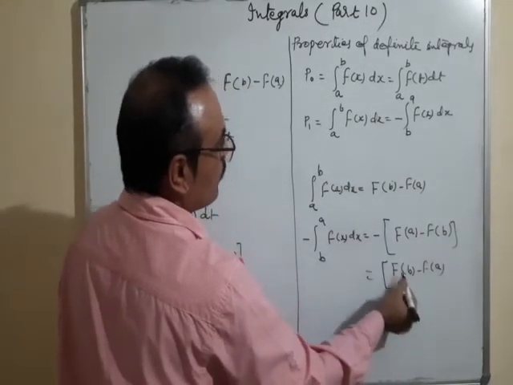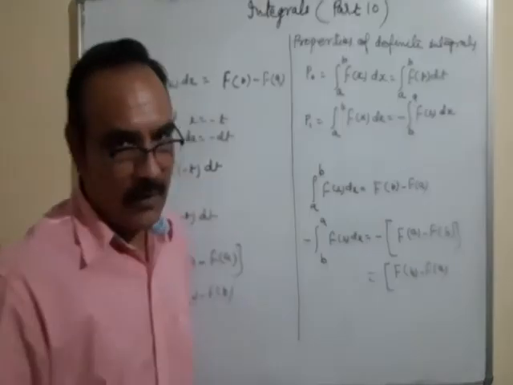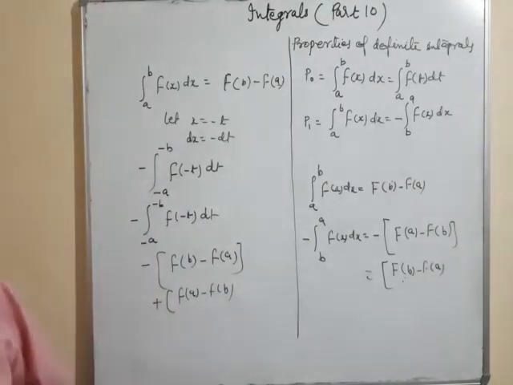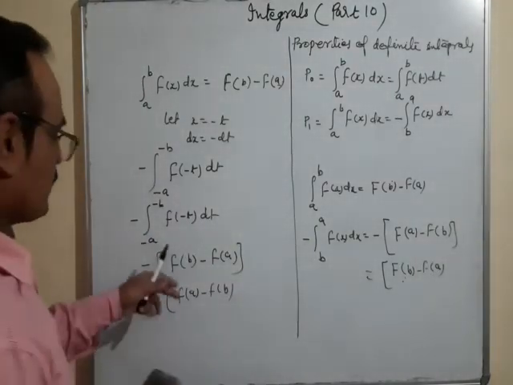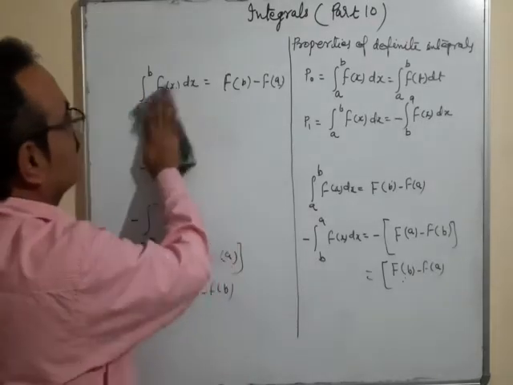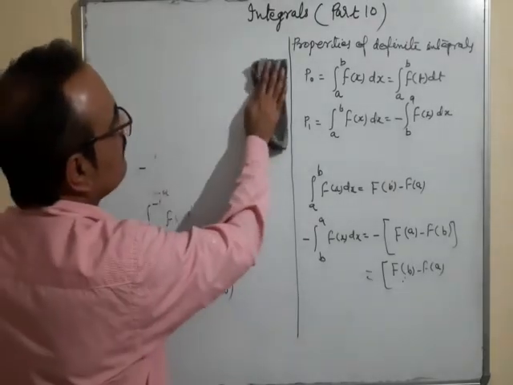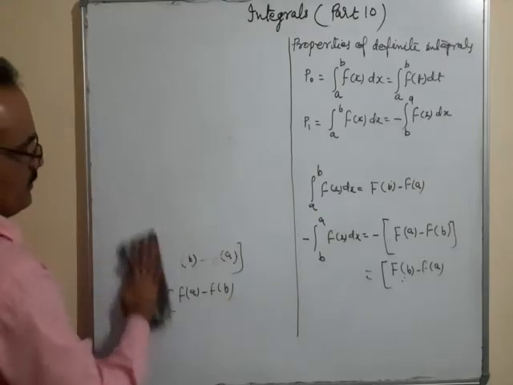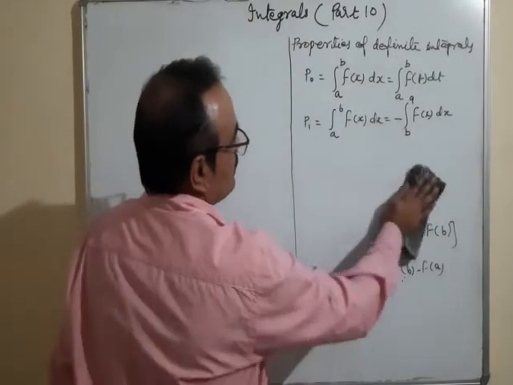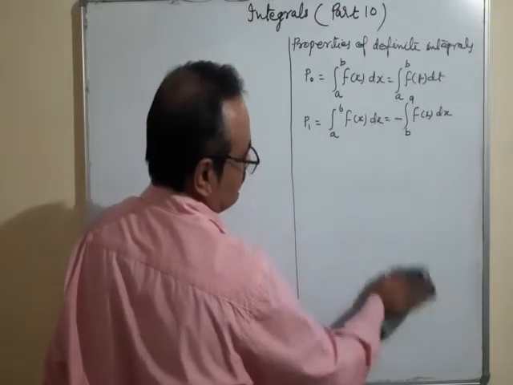Both the terms are equal. That means they are also equal. So while understanding this, you can understand why this, right? Because here the limits are coming in the form of negative. So better to understand that way, right? This is property number second, called P1.